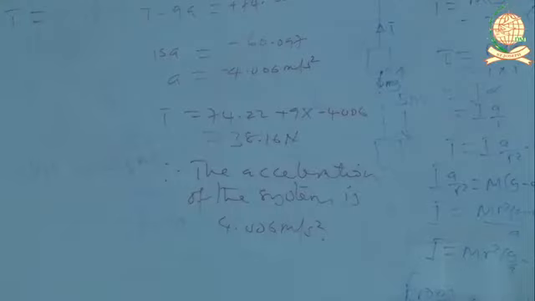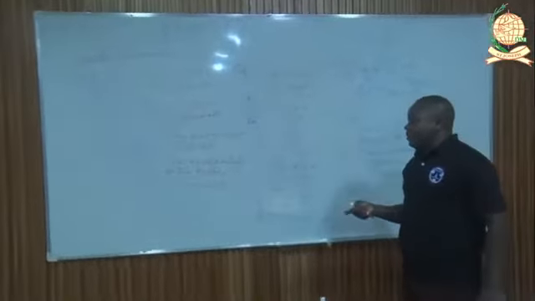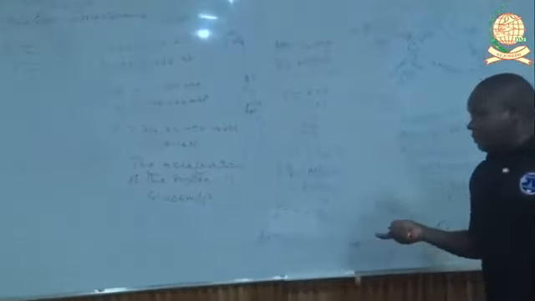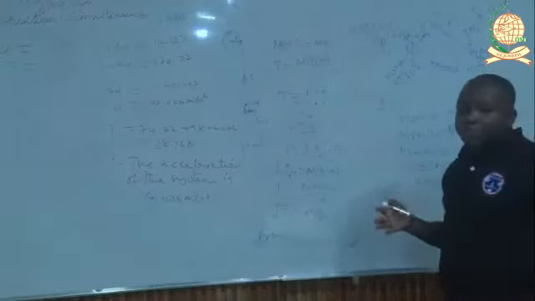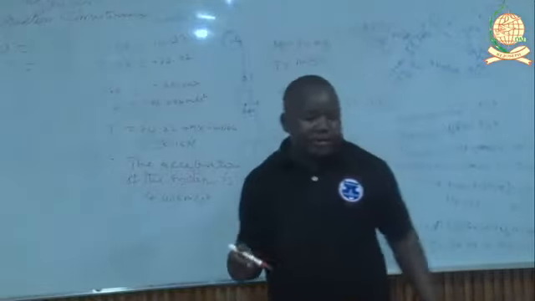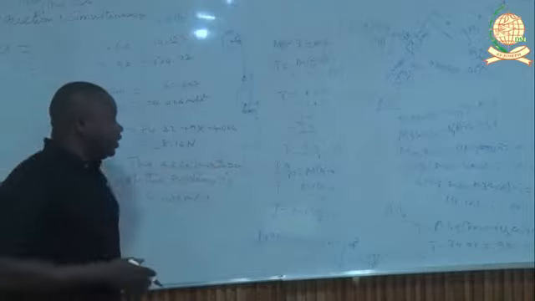The next question distinguishes between periodic motion and oscillatory motion. The difference is that periodic motion is the motion that repeats itself after a regular time interval. But oscillatory motion is also periodic, but it is a to and fro motion about a mean position.